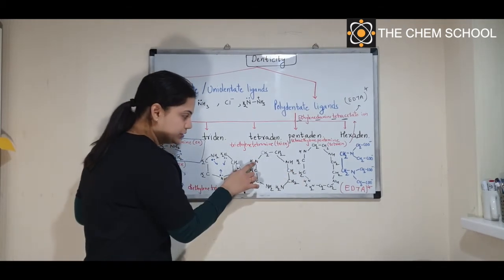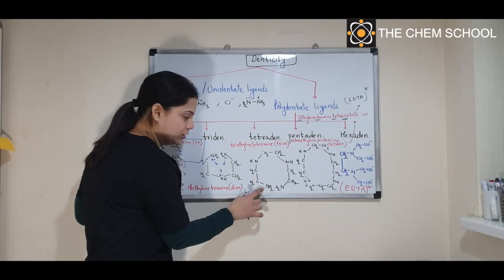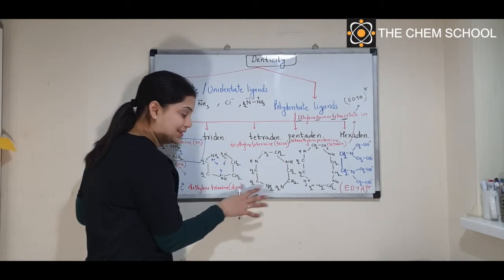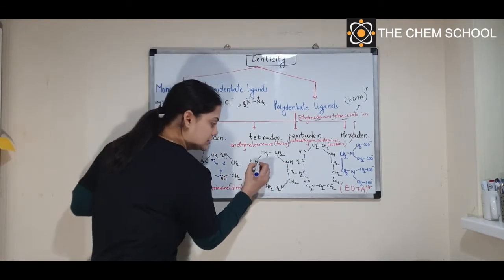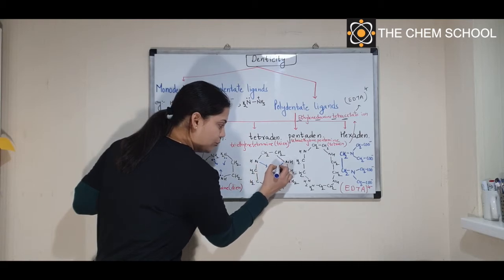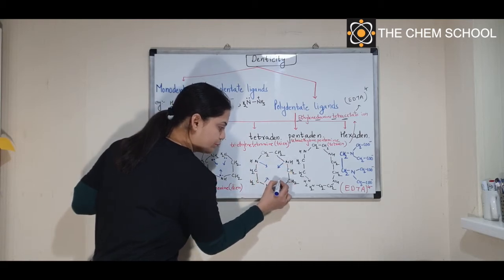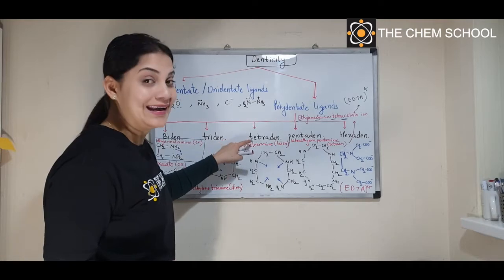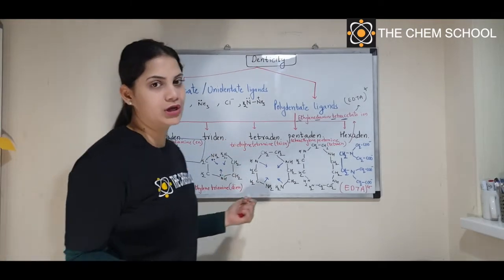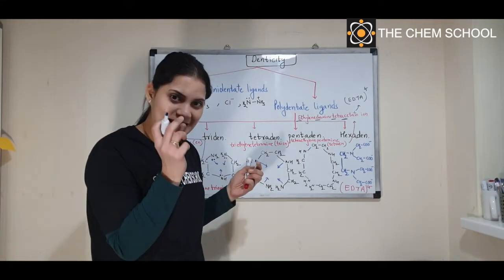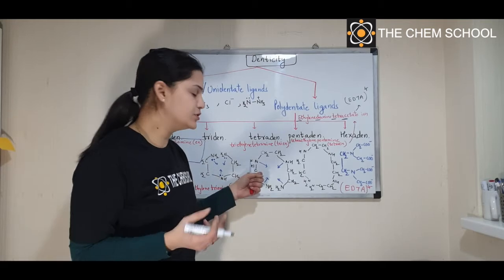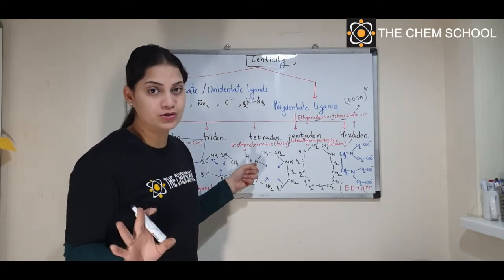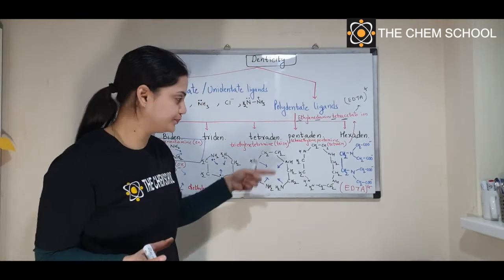So this is nitrogen, second nitrogen, third and fourth, the terminal ones which are free. Since you have 4 nitrogen, 4 pair can be donated, so it is going to be a tetradentate ligand. Again, nitrogen is a neutral atom, therefore this is going to be a neutral molecule, no charge on the molecule, or neutral ligand.